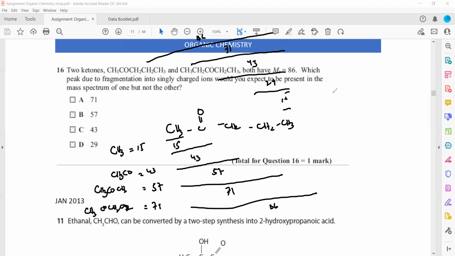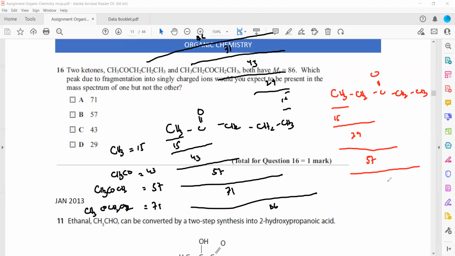Then what about the second molecule, which is CH3, CH2, C double bonded with O, CH2 and CH3. We'll get a peak at 15, and 15 plus 14, so a peak at 29. And 29 plus 12 is 41, plus 16, so 57. 57 plus 14 is 71, and 71 plus 15 is 86.